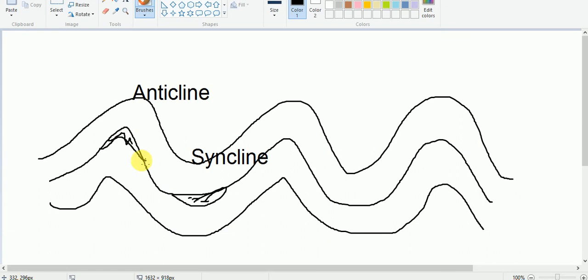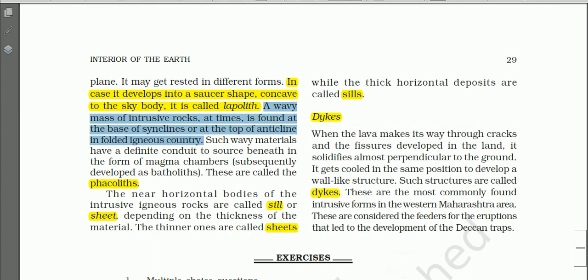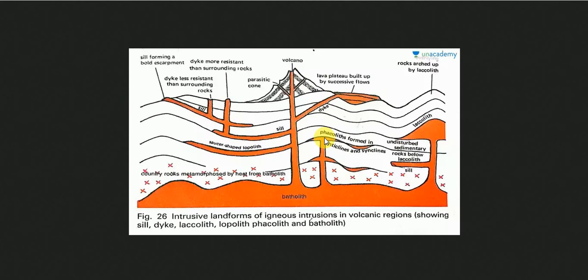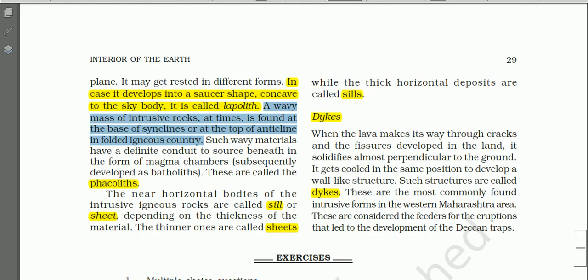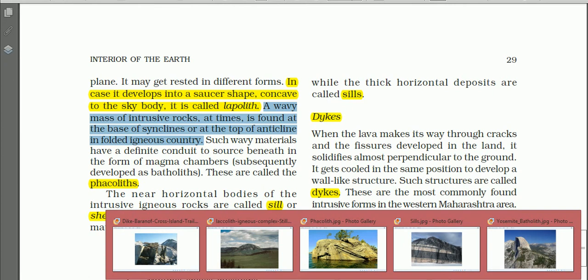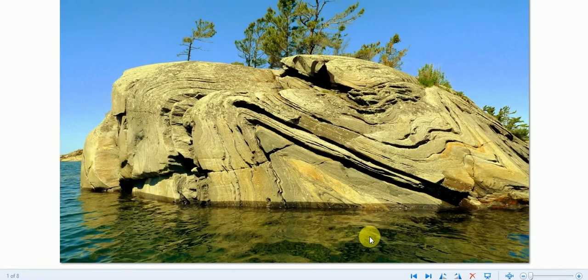Either on the top of the anticline or at the base of the syncline, and these are known as phacoliths. You'll find a phacolith here at the syncline also, and at the anticline also. And this is a photograph of a phacolith.